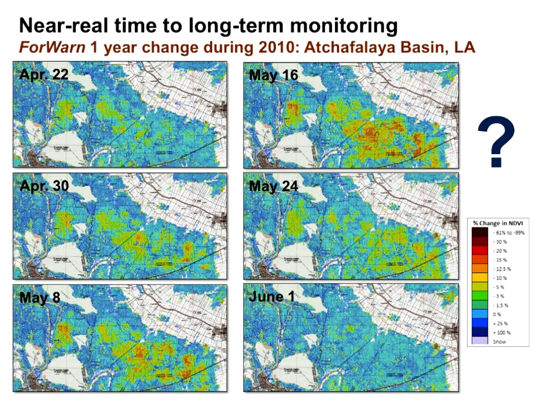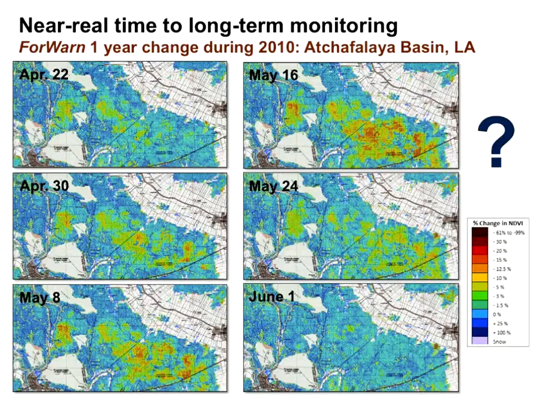So here's another interesting example from the Atchafalaya Basin in Louisiana. And this is a series of 6 dates, April 22nd, 8 days, 8 days, 8 days through June 1st of 2010. And the white area here is development, it's agricultural, so that's just showing the forest.